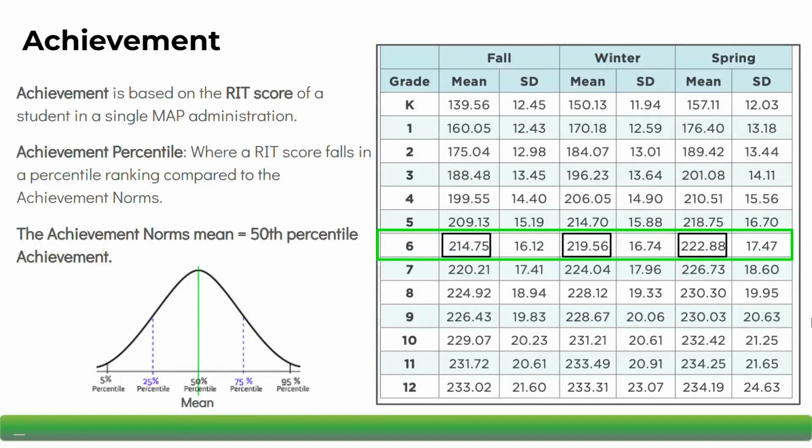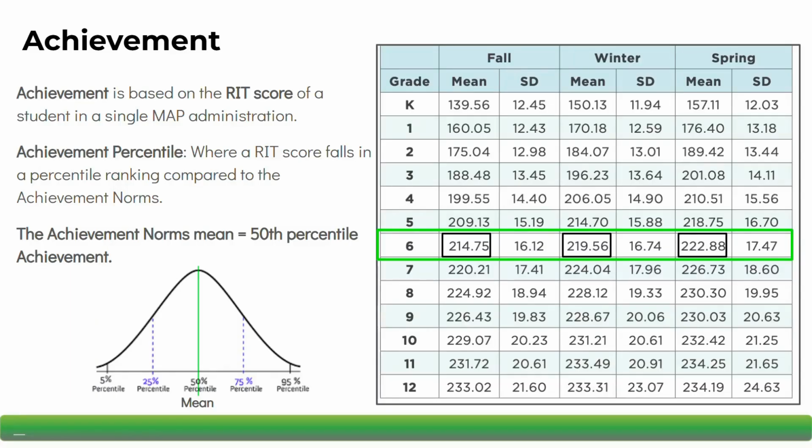Now going back to our RIT score, it is based on one administration and it's nationally normed. Now you have two different scores here. You have your achievement score and your achievement percentile. Now, 50th percentile means that your student is on average for that grade level.